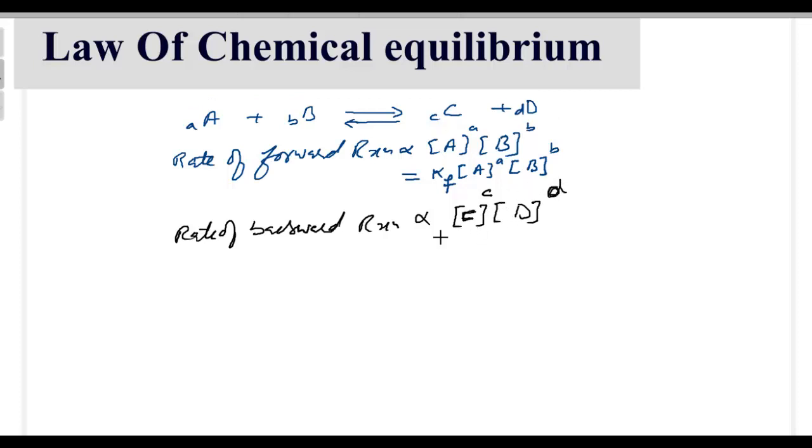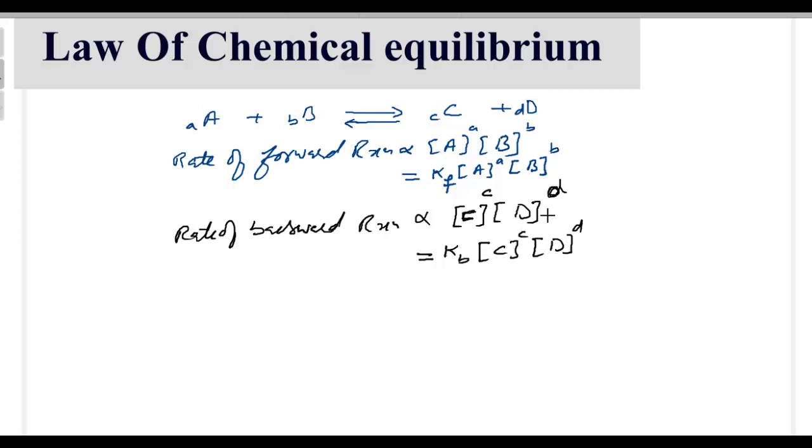It is equal to the rate constant Kb for the backward reaction times the concentration of C to the power c, and D to the power d.